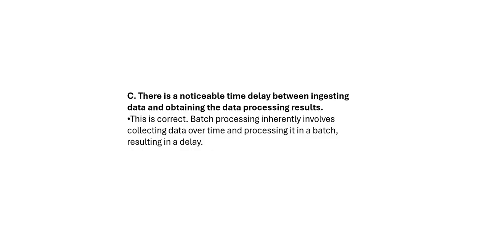You will have to run certain things in parallel mode. So there is a noticeable time delay between ingesting data and obtaining data process. With batch processing, it is not immediate. You can receive the data the whole day yesterday, but your processing only starts today morning. That can happen. That's why this is correct, because batch processing inherently involves collecting data over time and processing it in a batch.